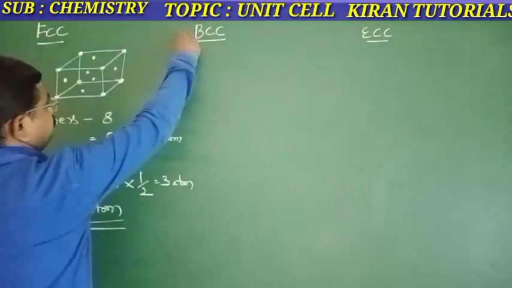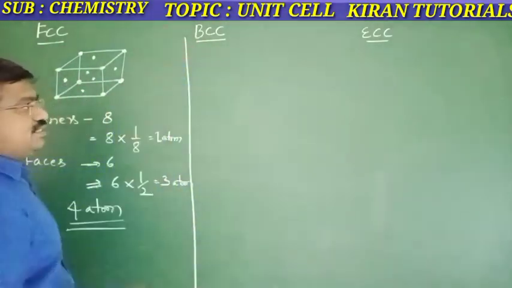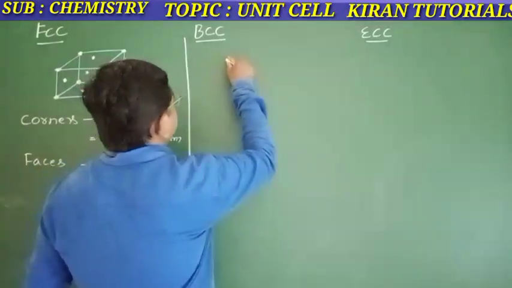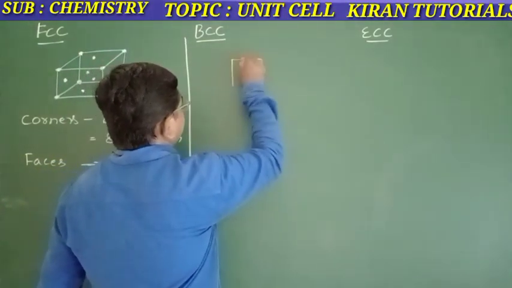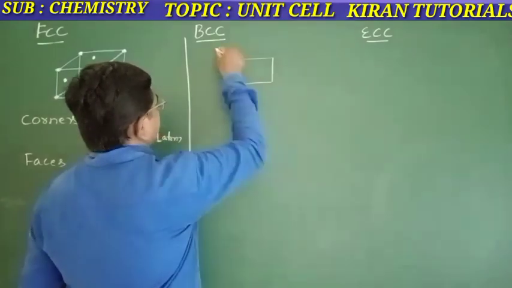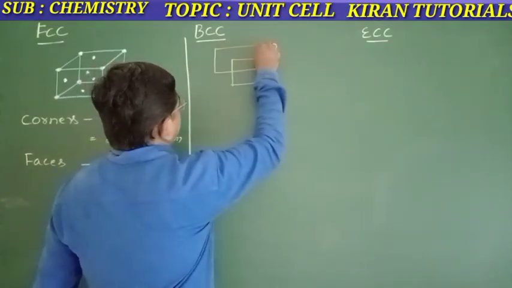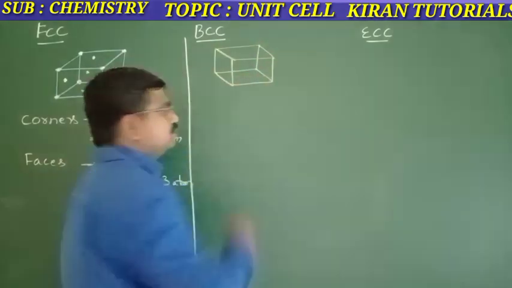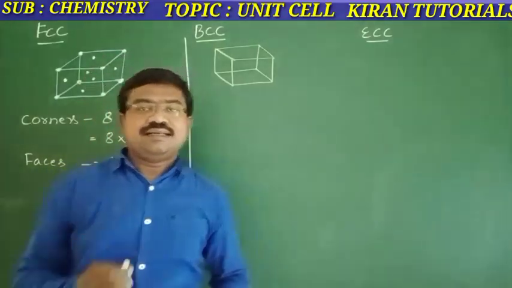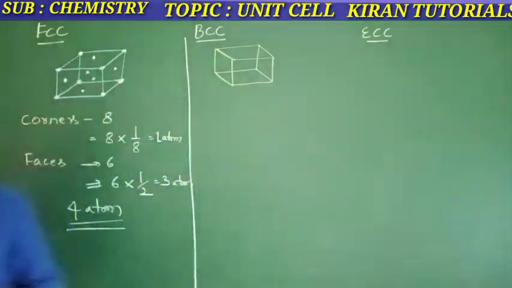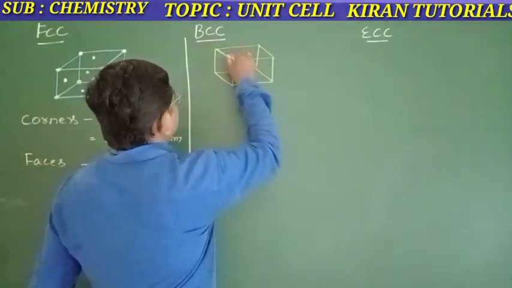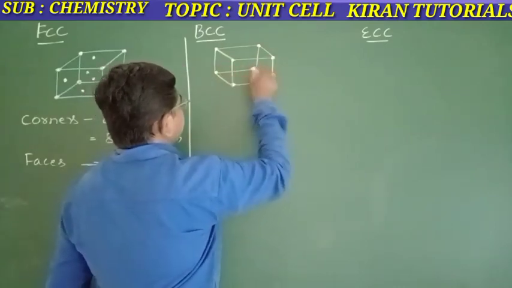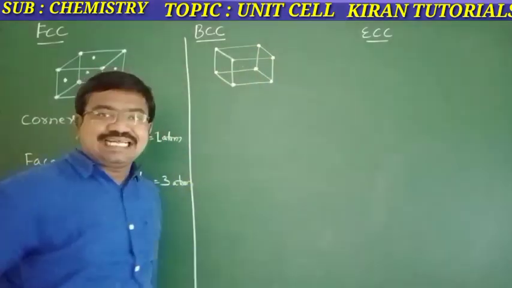Clear? Then we go for BCC. So body centered cube. If you draw the body centered, see, it is a cube, and the corners, at corners 1, 2, 3, 4, 5, 6, 7, 8. 8 atoms are present.